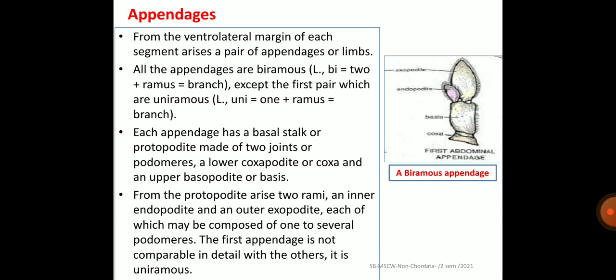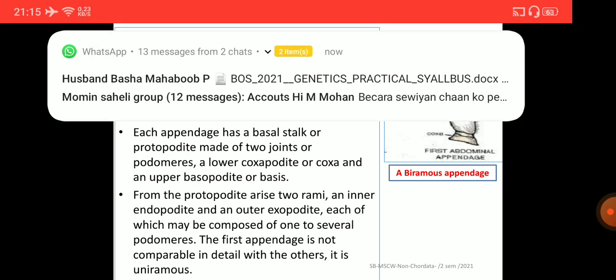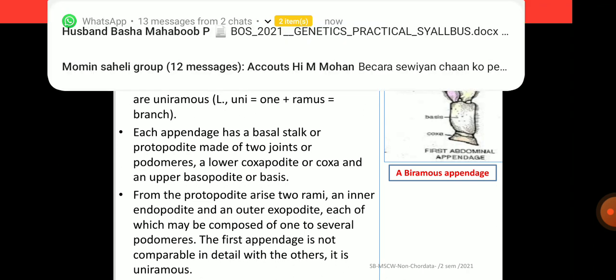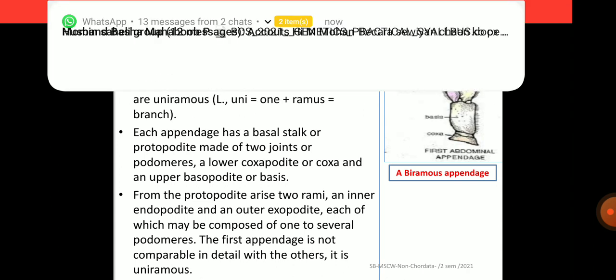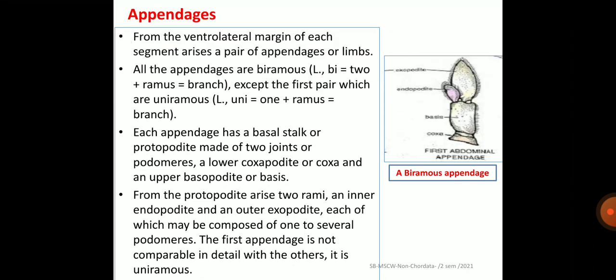And once again, because a question about biramous appendage will be asked in the examination for 1 or 3 marks, you can just say a biramous appendage is a typical appendage. It consists of a basal part or protopodite composed of two segments, namely the proximal coxa for attachment with the body and the distal basis.